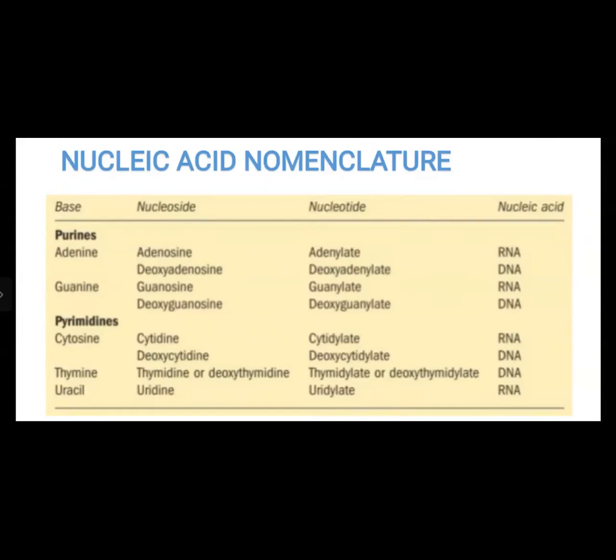The nucleoside of adenine is called adenosine. For DNA, it is deoxyadenosine, and in terms of nucleotide, it is adenylate, and for DNA, deoxyadenylate. In the same way, for guanine in RNA, it is guanosine, and the nucleotide term is guanylate. For DNA, it is deoxyguanosine and deoxyguanylate.